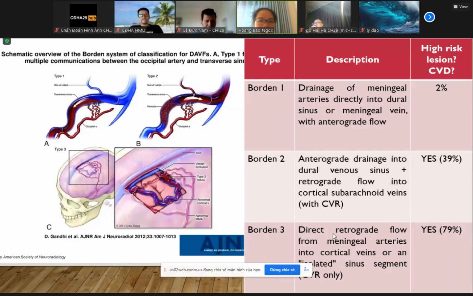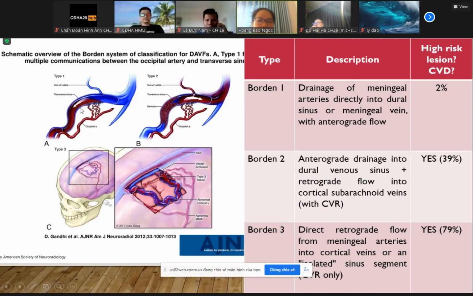Speaking of the Borden classification system, there are 3 types of Borden system, from benign to aggressive. In Borden 1, there is a drainage of meningeal arteries directly into a dural sinus or meningeal vein with antegrade flow.